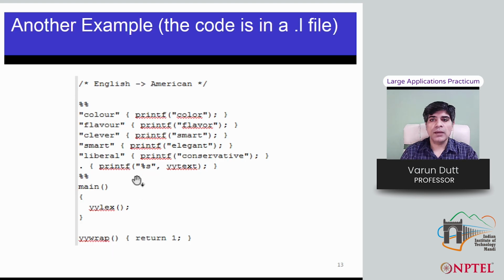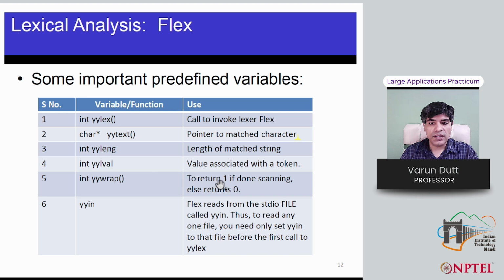So here is another example of a flex program. It's converting British English to American English. So if it finds colour, it will make it color, flavour becomes flavor without a U, and so on for clever, smart, elegant, liberal, conservative, and it will print the text. If you run this, you can have yywrap return 1, which means return 1 if done scanning, else 0.